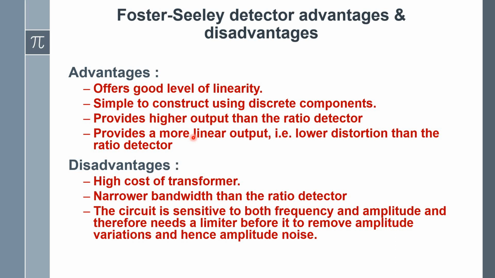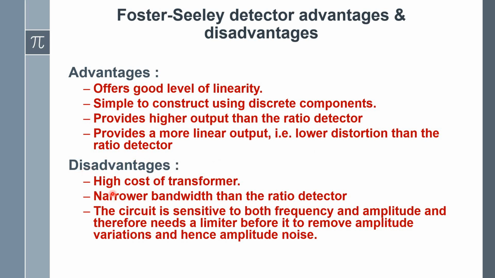This phasor discriminator also has some advantages and disadvantages. The advantages: it offers a good level of linearity, is simple to construct using discrete components, provides higher output than the ratio detector, and provides more linear output, that is, low distortion, than the ratio detector.